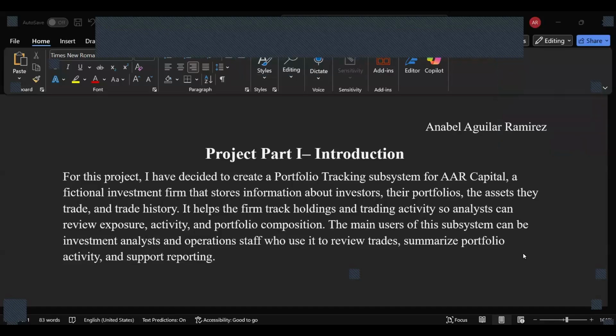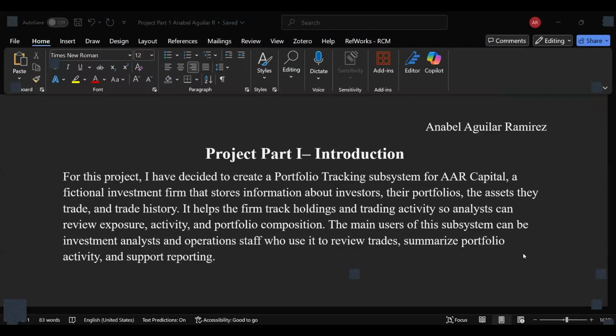Hello, my name is Anabela Aguilar Ramirez, and in this video, I will be presenting my database project titled Investment Portfolio Tracking Database, which was implemented using Microsoft SQL. The purpose of this database is to track investors, their portfolios, financial assets, brokerage platforms, and the trades executed within those portfolios.